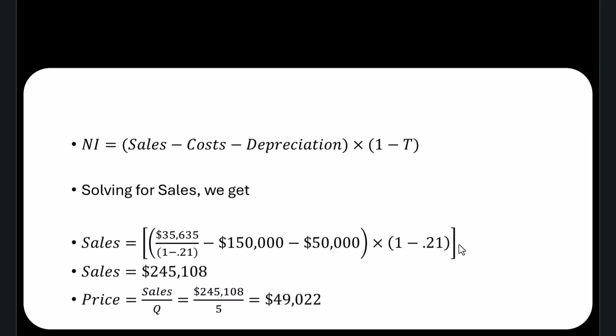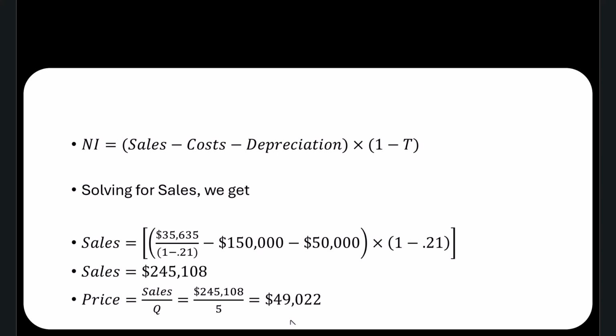We're going to get that sales each year have to be 245,108. And since we're selling 5 vans, that means we need to sell each van for $49,022.